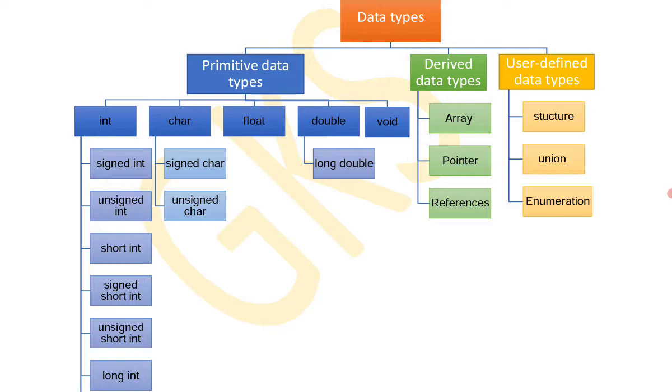Next, integer data types are again of different types. First one is signed integers and unsigned integers. So, what are signed integers and what are unsigned integers? Signed integers are integer numbers with some symbol.